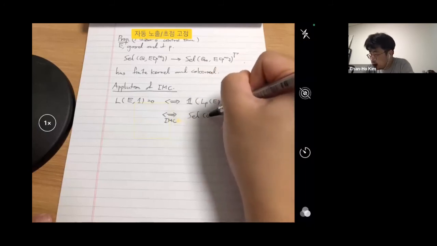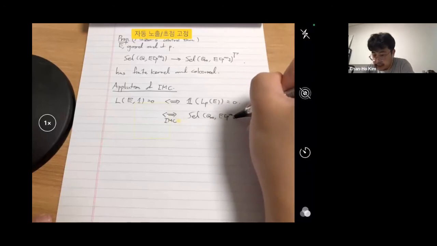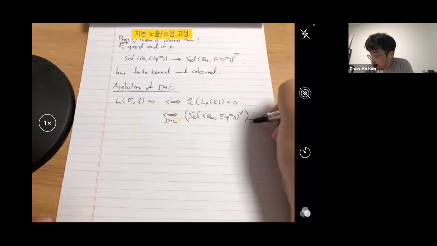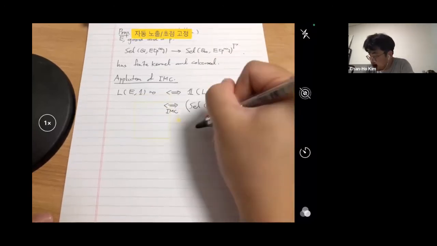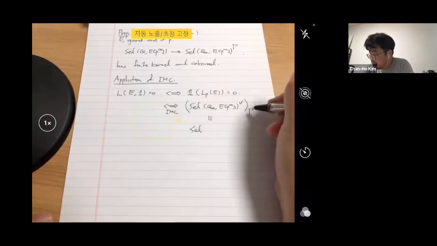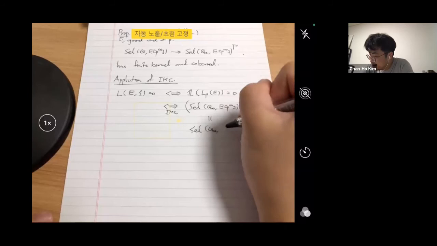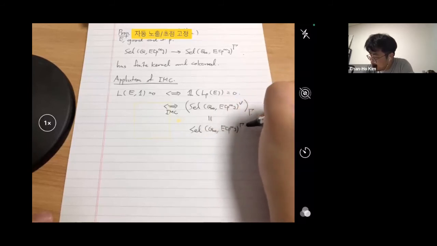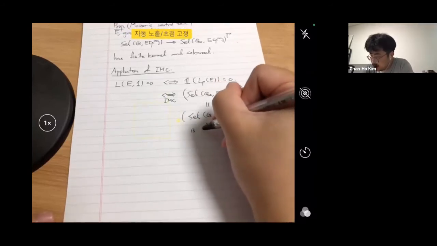So the Selmer group over Q_infinity for E[p^infinity], its Pontryagin dual, and gamma coinvariant, which is the same as first taking the gamma invariant and then taking the dual, is infinite.